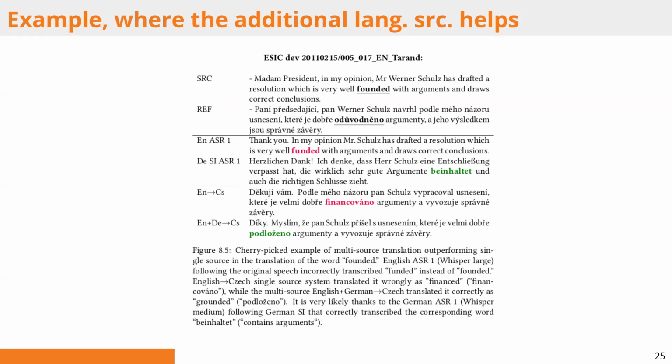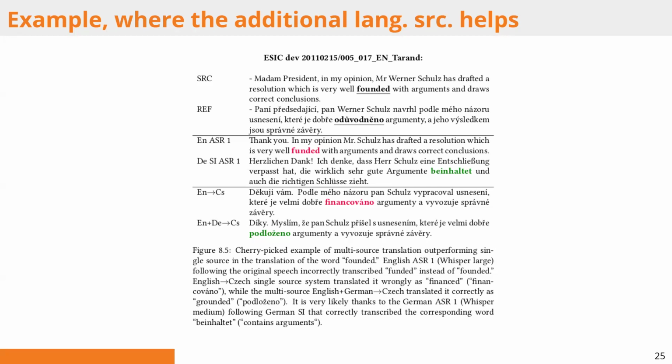So in a basic system, we have the English transcript of the sentence here in the middle set of lines, and there is an incorrectly recognized word, funded or founded. While in German, the red word in English is wrongly transcribed, and the corresponding German word in green is correctly transcribed.